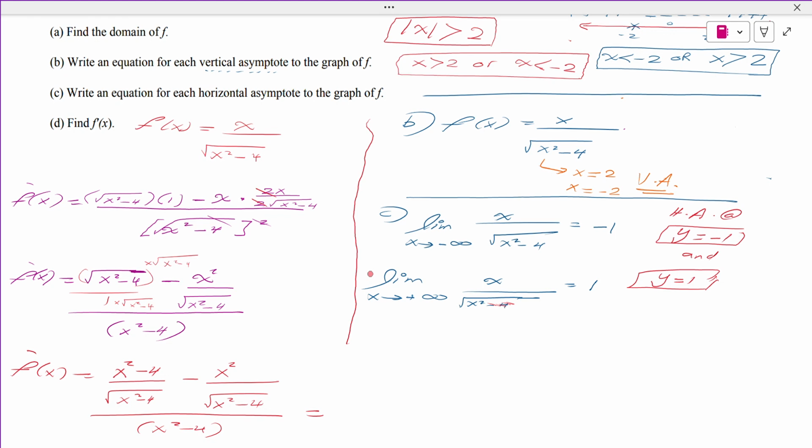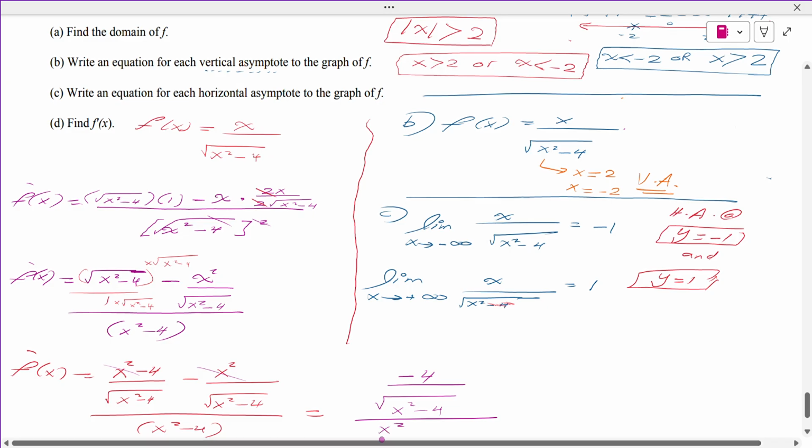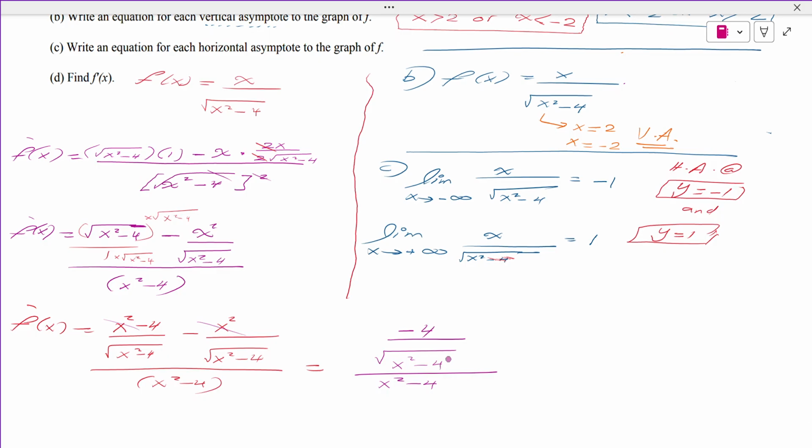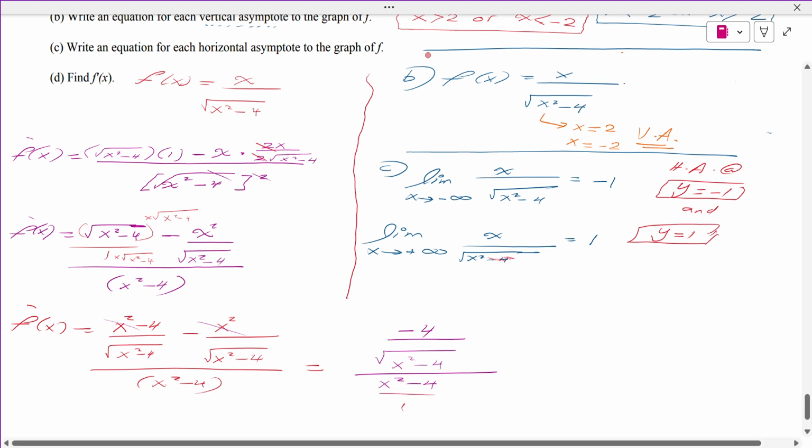So this simplifies to what? x squared minus 4 minus x squared. So this x squared minus this x squared will cancel. That leaves us with minus 4 over square root of x squared minus 4, all over x squared minus 4. And here we have a denominator of 1.